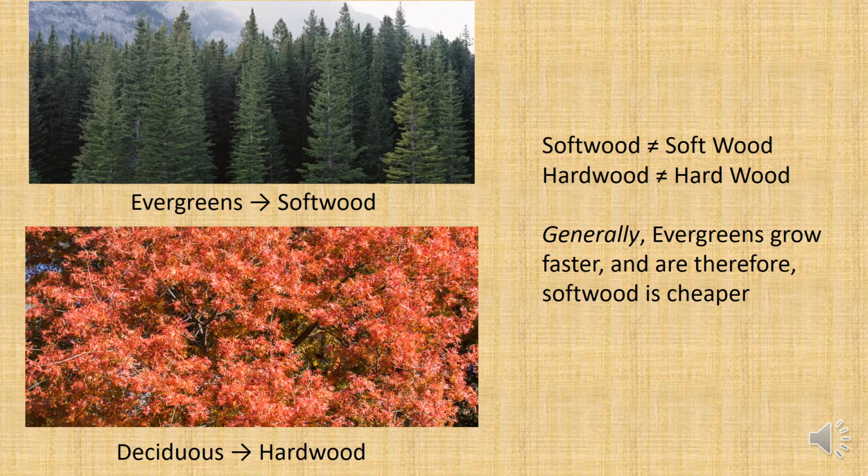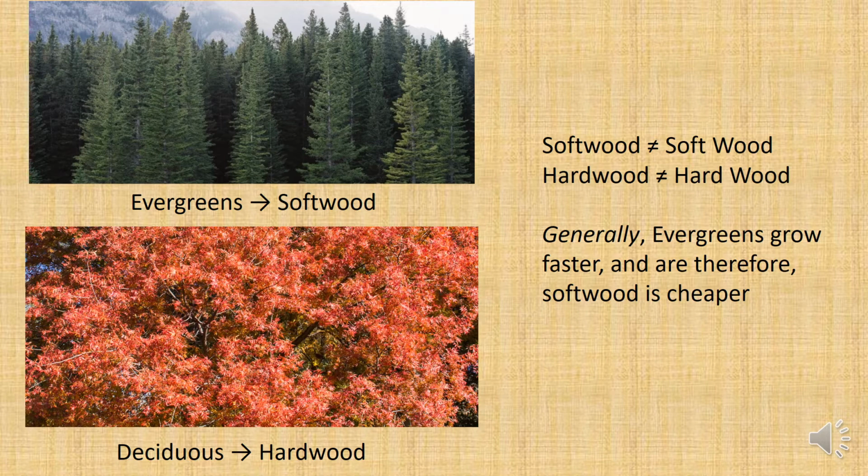Now, there is something that you do need to know. The difference between softwoods and hardwoods is not actually their hardness. But remember, in a deciduous tree, basically all the leaves fall off for about half the year. Now, leaves are actually what collect sunlight and start the process of photosynthesis.